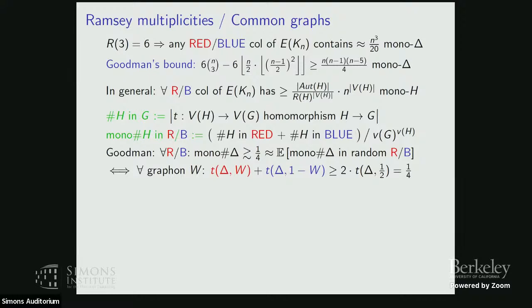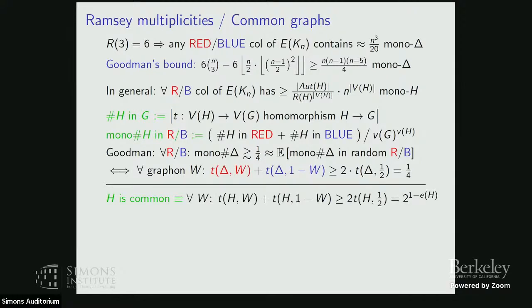Instead of saying graph, I will take red as my graphon W and blue as the complement of my graphon, which is simply 1 minus W. So it says that the number of triangles in W plus the number of triangles in 1 minus W is at least 2 times the number of triangles in the constant 1/2 graphon. So in particular, it's at least 1/4.